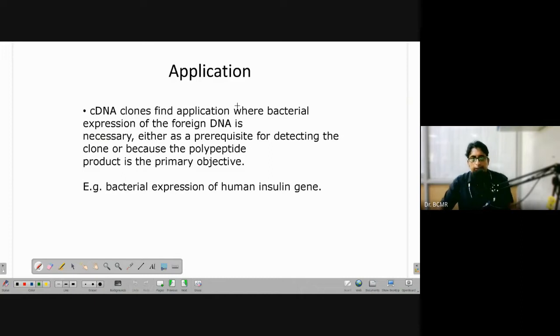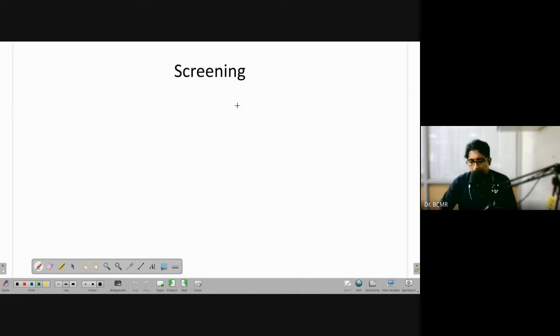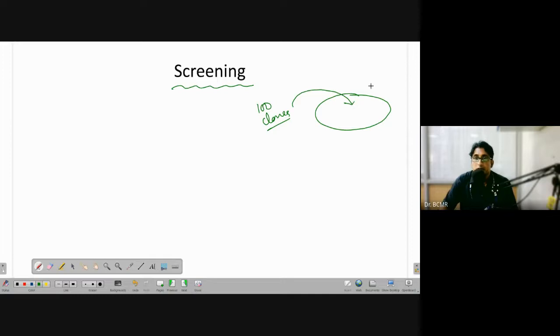Okay. I want to discuss something about screening. I think in one of the classes I discussed what is meant by screening and what is meant by selection. In selection, if you have some 100 clones and you want to select only the one that is, for example, antibiotic resistant, you would plate all of them on plates containing antibiotic.